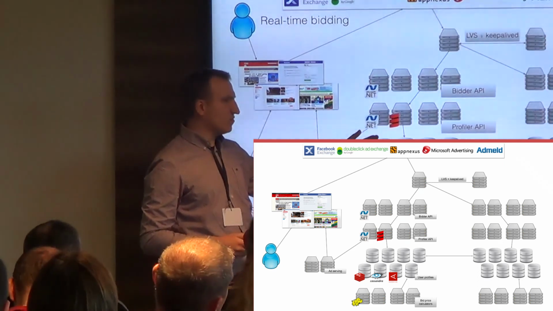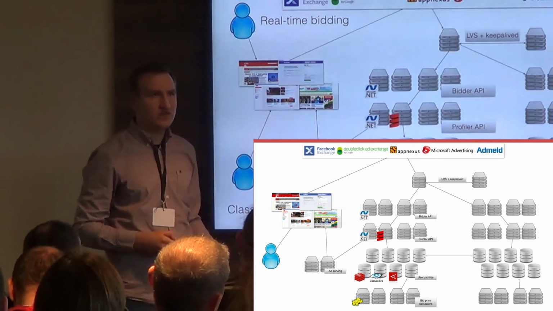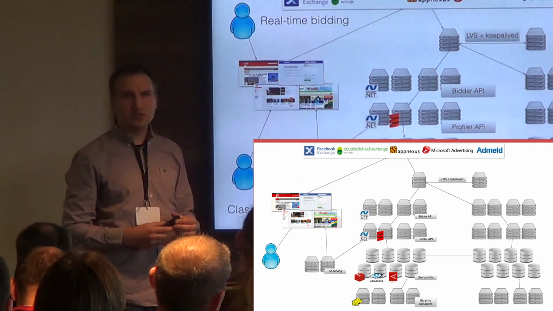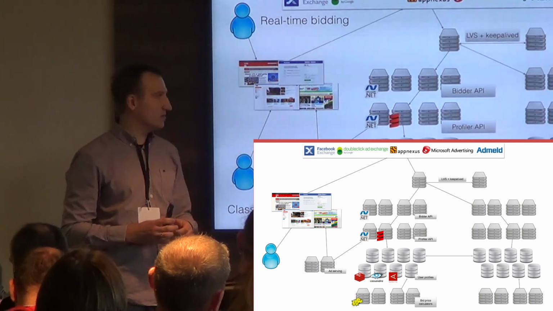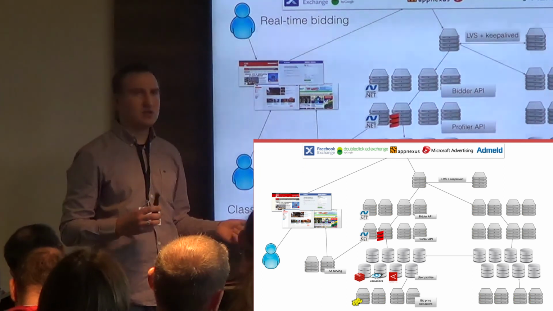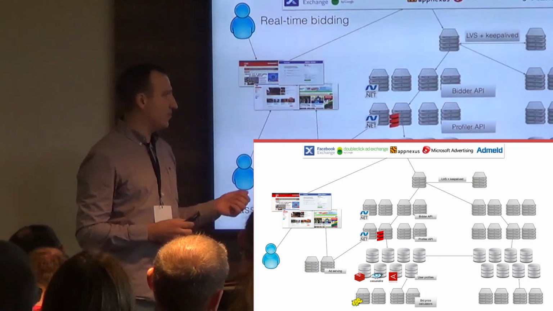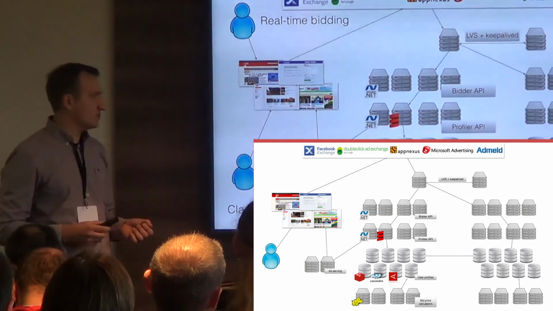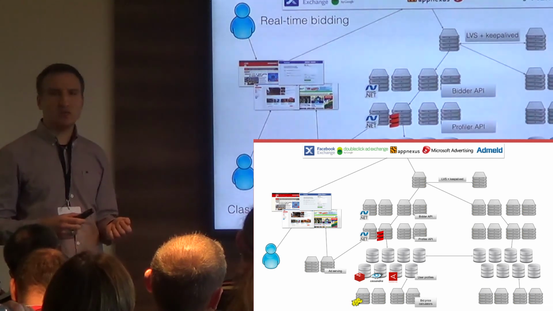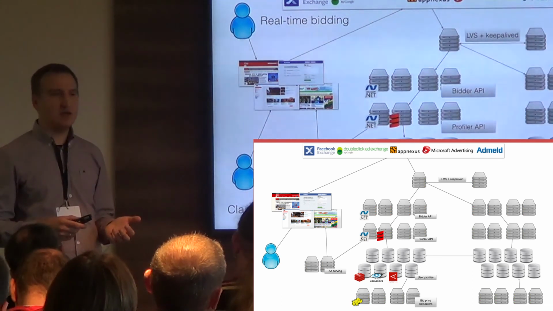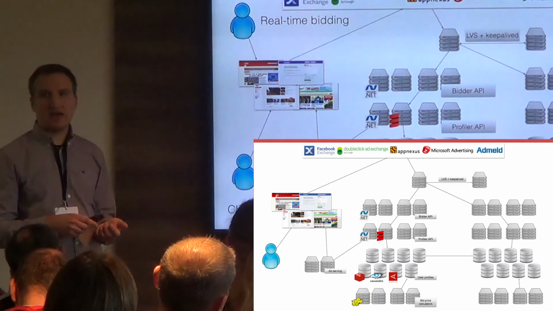For Scala, we use the Finagle framework from Twitter, which is a very cool, very low-level framework. You have a lot of control, and you have many features for high load out of the box, like metrics, failover and retrying, and so forth.